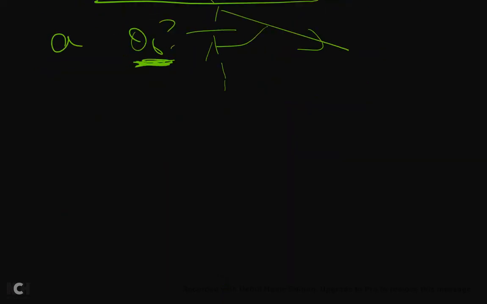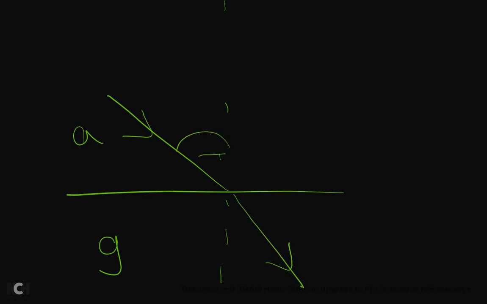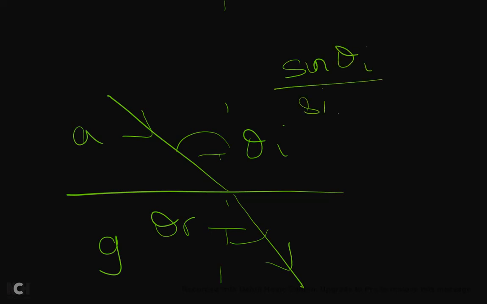So again, I could use it if I am going from air into glass. My ray will refract towards the normal like this. So what you will find is that when I determine my angles of incidence and my corresponding angles of refraction, for each angle, my value of sine theta I over sine theta r is going to give me a constant value.